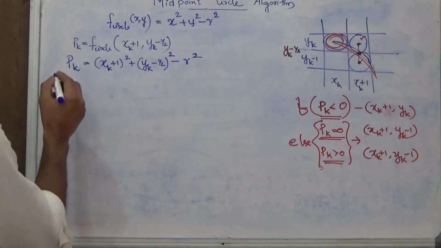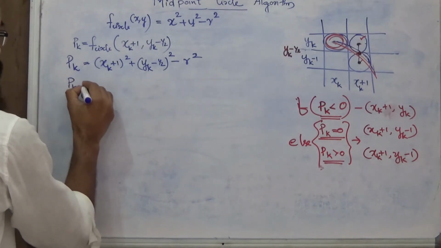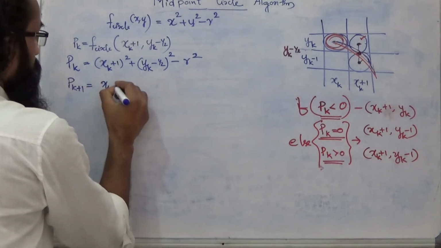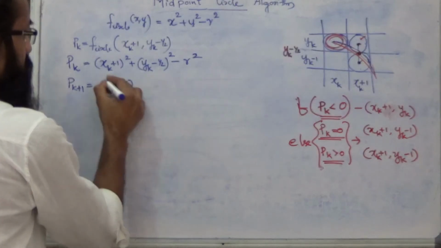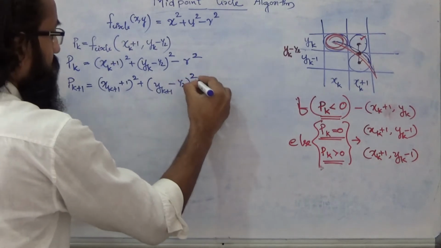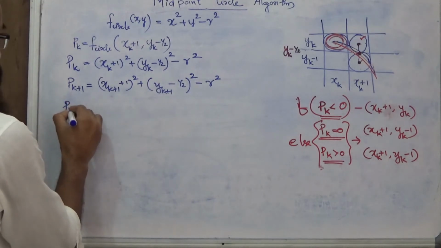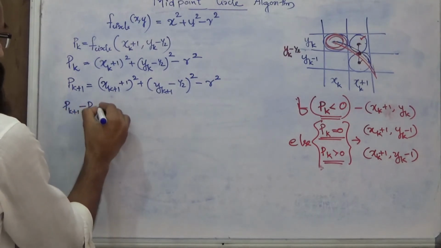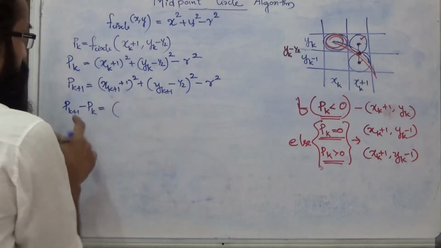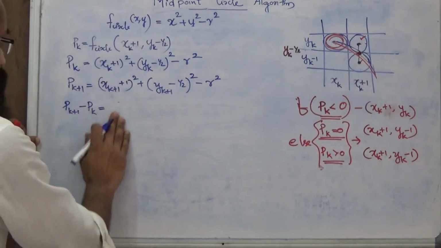Now, how will you determine the decision parameter incrementally? So what is pk plus 1? pk plus 1 equal to xk plus 1 the whole square plus yk plus 1 minus half the whole square minus r square. Now what is pk plus 1 minus pk? You know that at each and every step you are incrementing x by 1.